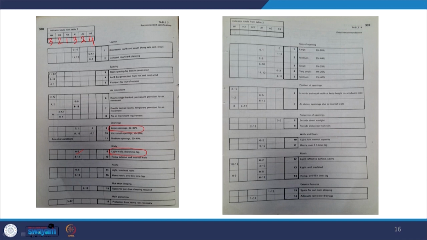Like that for each one. I have just filled up these numbers, but you would get proper numbers if you properly fill up the Mahoney's table, and Mahoney's tables are the first reference where you would actually get what kind of design strategy you can use for your building's envelope design.